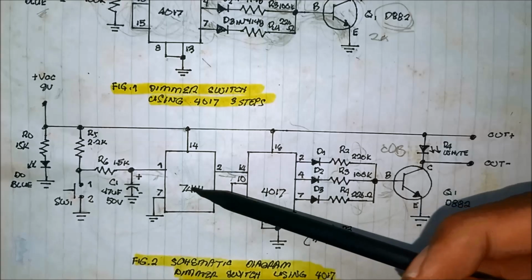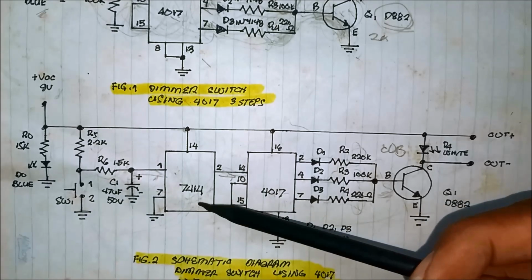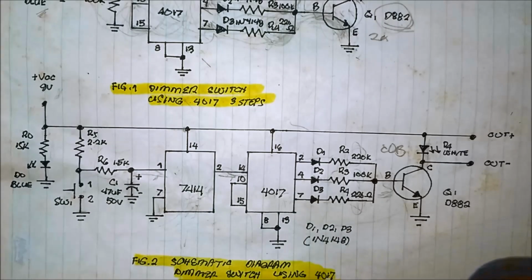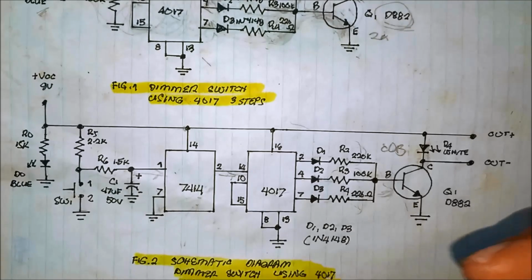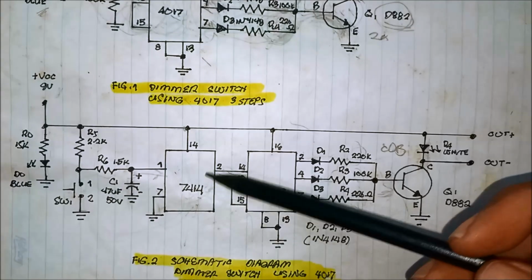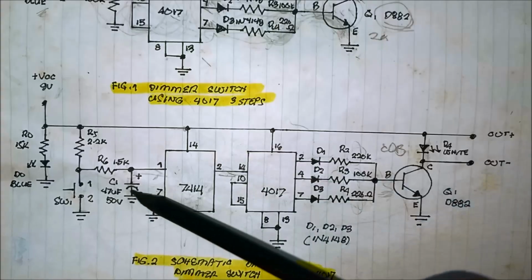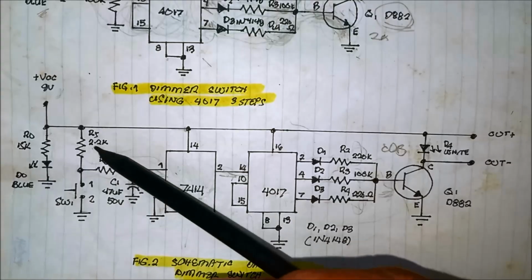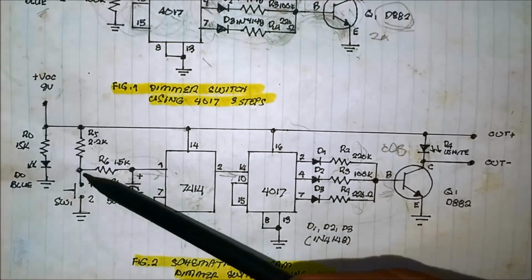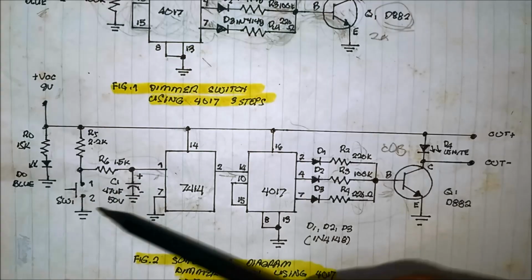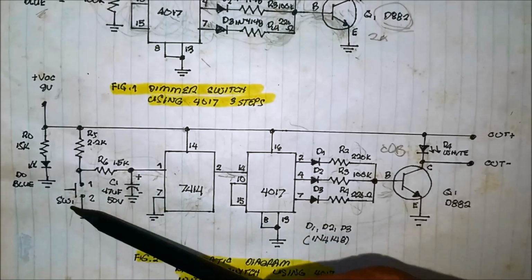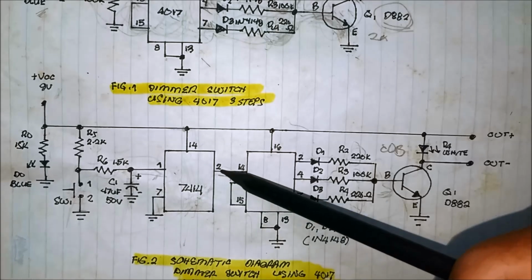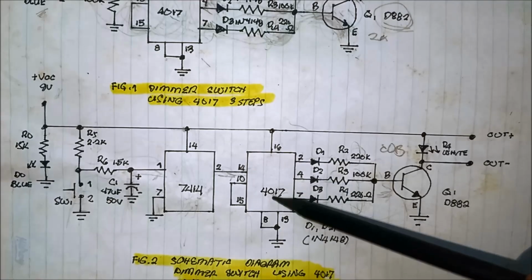First level is dim, second is bright, and then the third is the brightest, with the use of this debouncing IC. This is actually a hex inverter gate used as a debouncing IC. Initially, it is pulled high with a pull-up resistor, and then pressing the switch pulls it to the ground, which activates this debouncing IC, injecting a current to the input of this 4017.